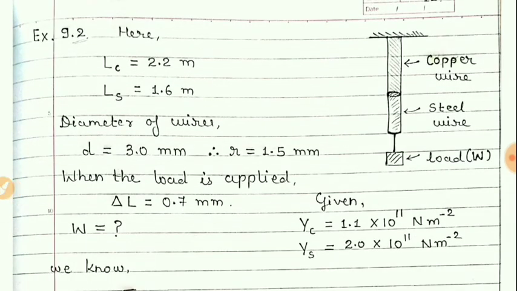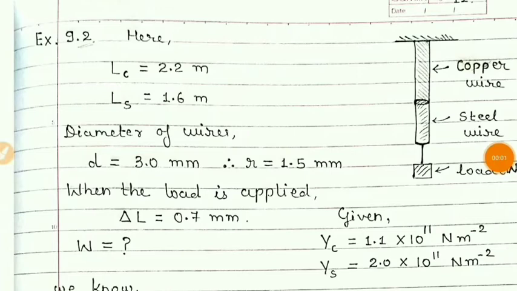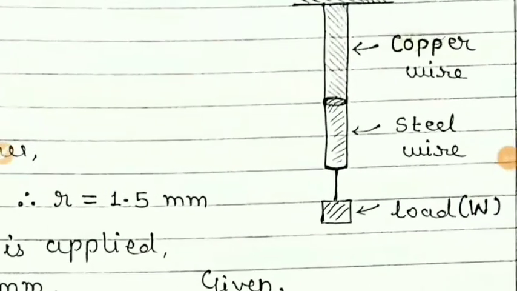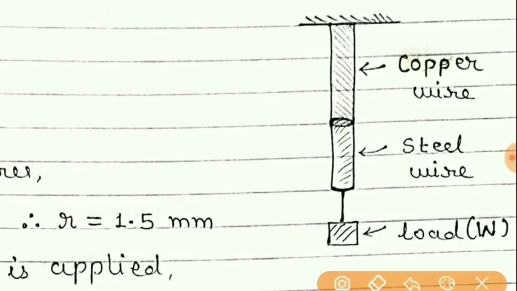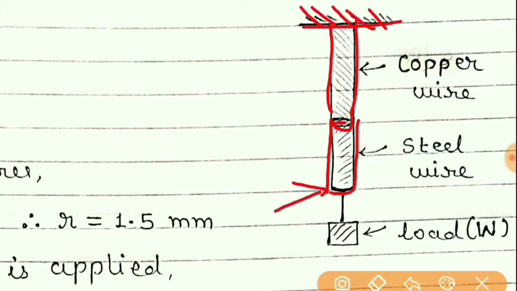Now example number 9.2. In this example, a copper wire and a steel wire are connected with each other, and they are suspended vertically, and at this end a load is connected.